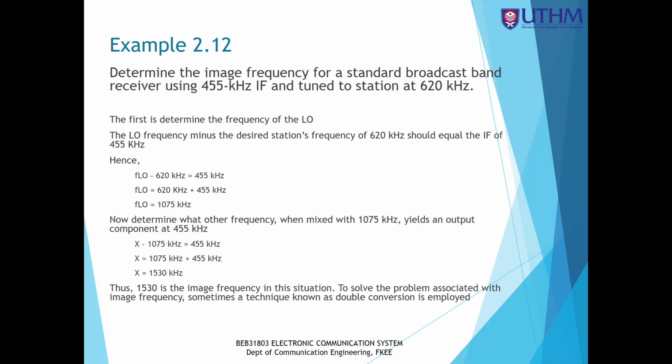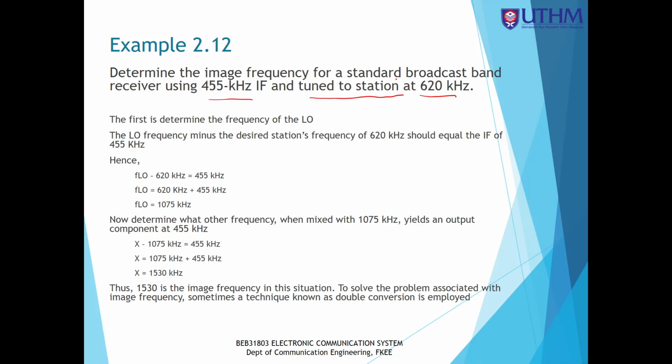Determine the image frequency for a standard broadcast band receiver using 455 kHz of intermediate frequency and tuned to a station at 620 kHz. So you have been provided with the intermediate frequency and the RF frequency.